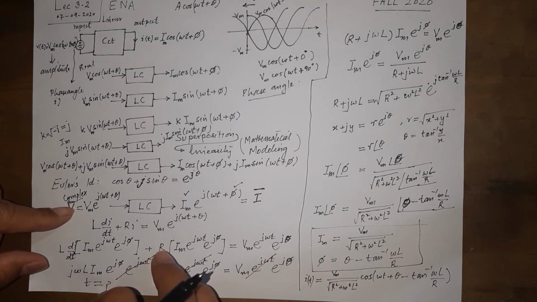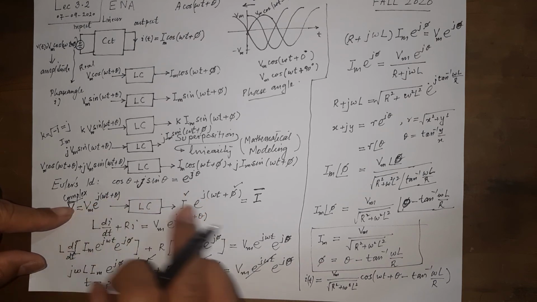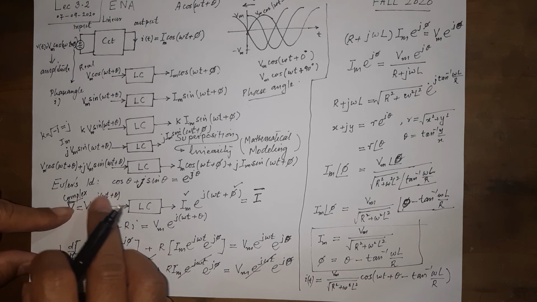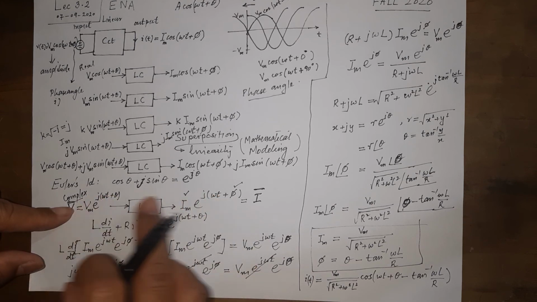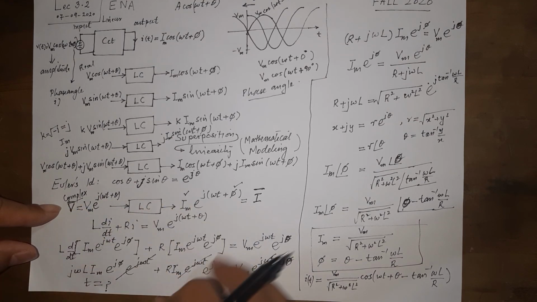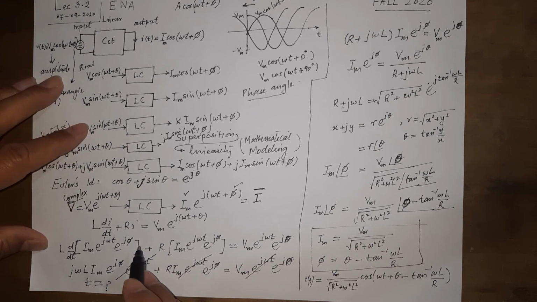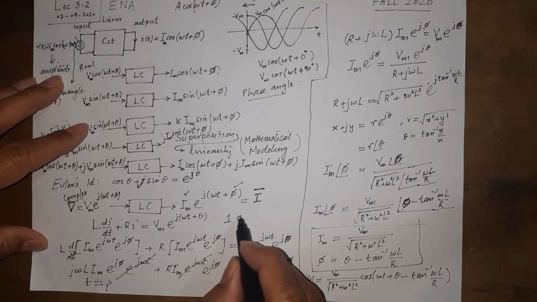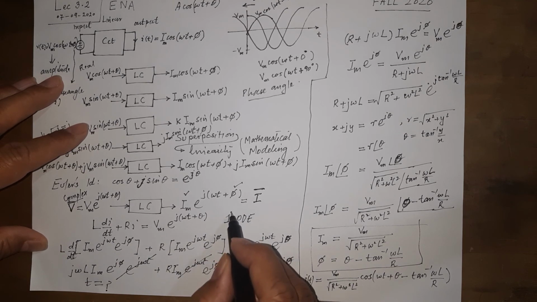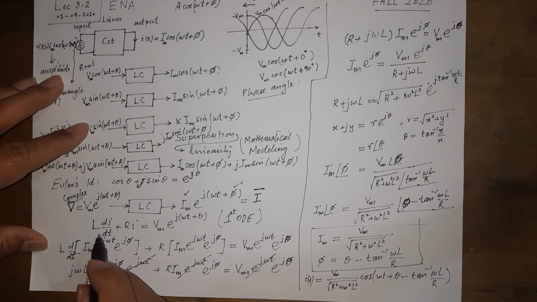You may have missed this, but what is the benefit of using this complex number? If I ask you, why did we do this? Why do we use these complex forms of representing the input voltage and the output current? Why? Have you not picked this thing up, that this first order differential equation has been solved without worrying about the derivative?